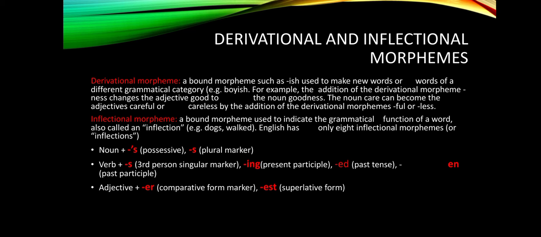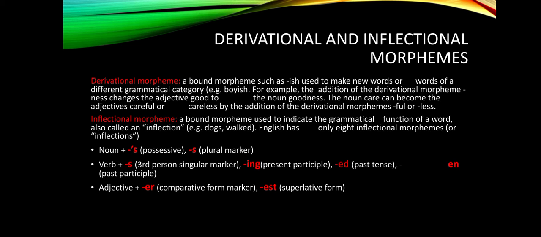So with an inflectional morpheme, we cannot change a verb to a noun or a noun to an adjective or an adjective to a noun. With inflectional morphemes, a verb remains a verb, but its function changes. A noun remains a noun, but its form, either singular or plural, is indicated with these morphemes.